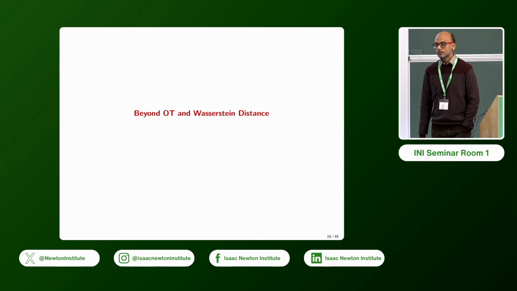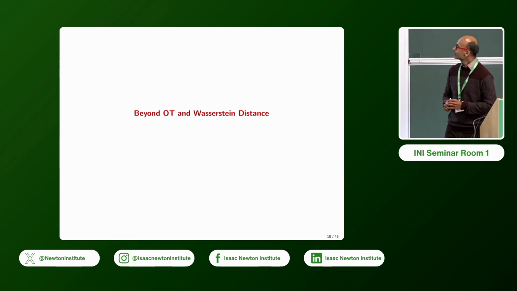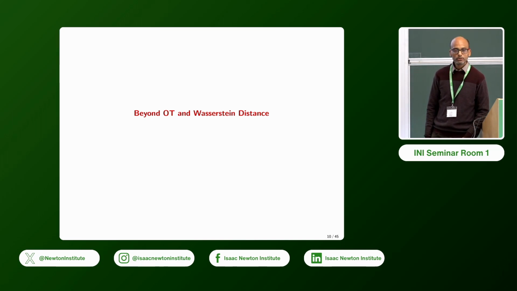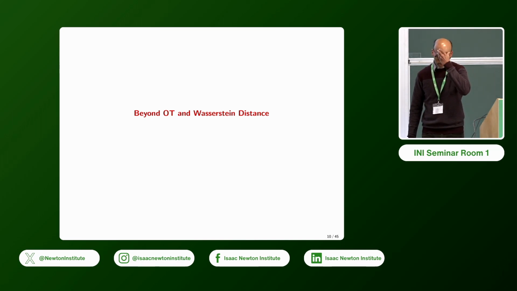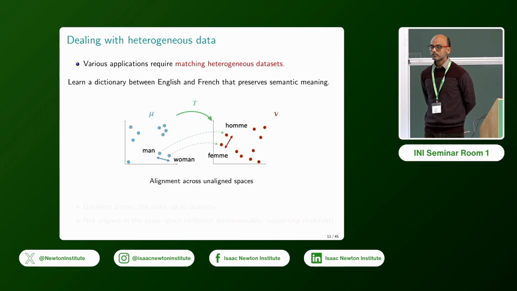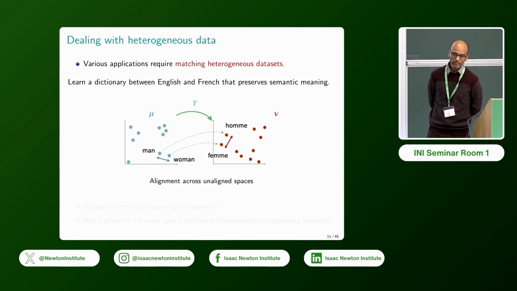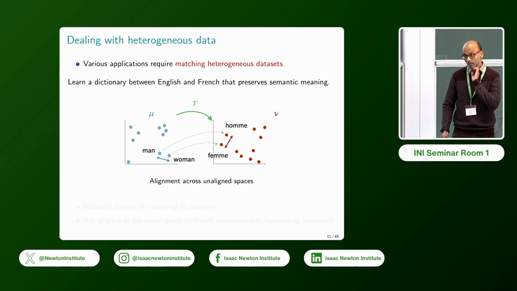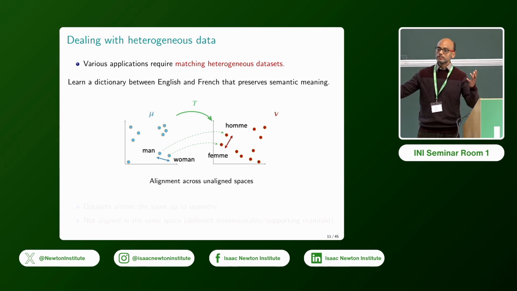Okay, so having some background on optimal transport and Wasserstein distance, now we want to go beyond these concepts. And the motivation is the question of dealing with heterogeneous data, right? So suppose I have two distributions, let's say they're defined on inhomogeneous spaces, right?